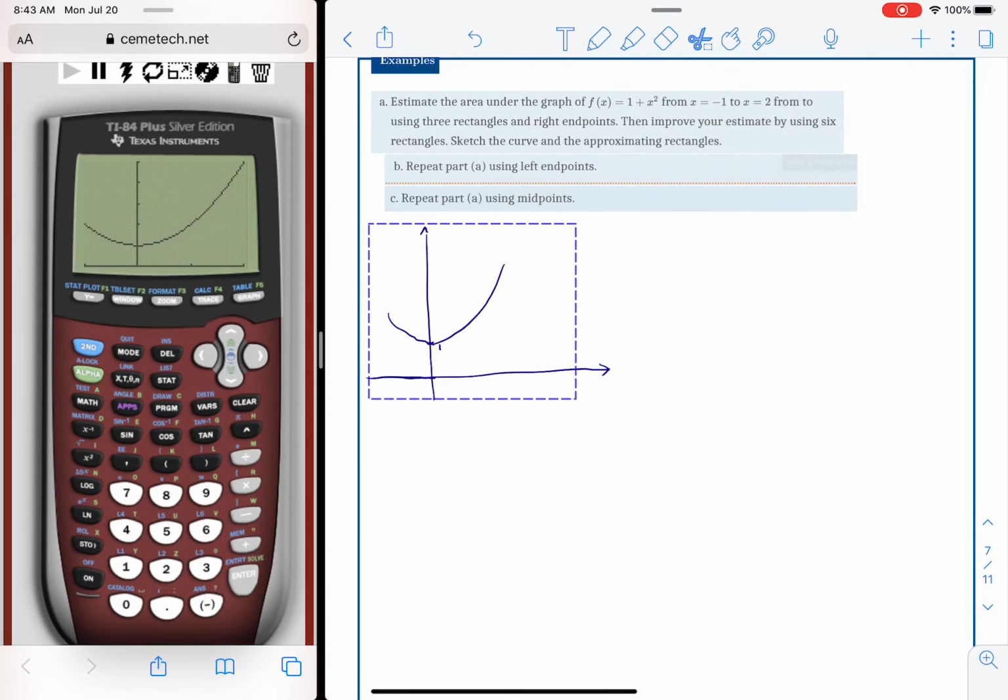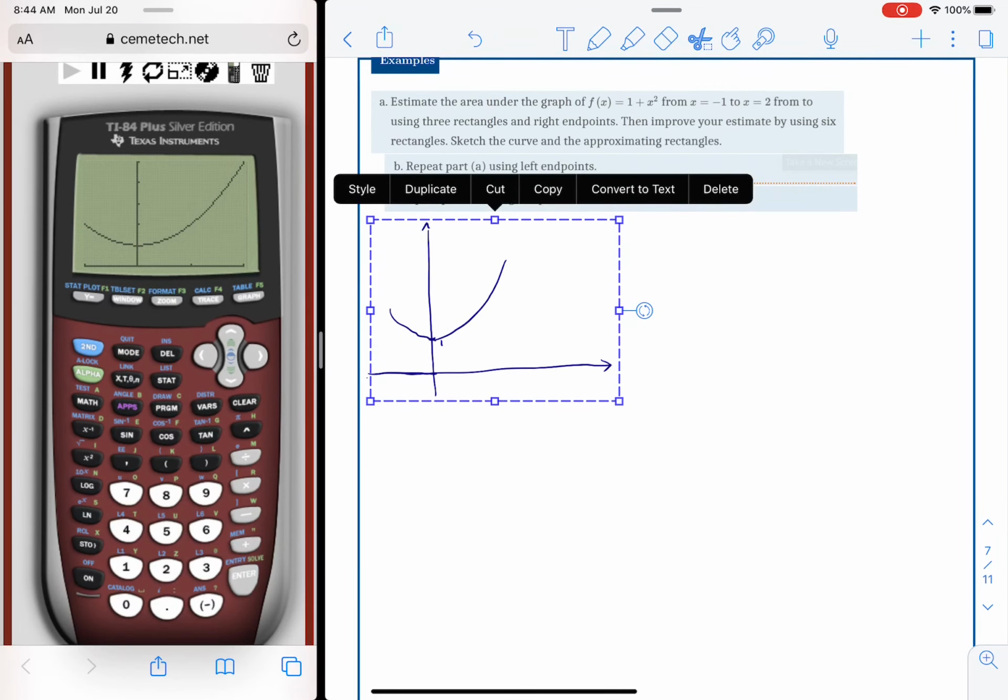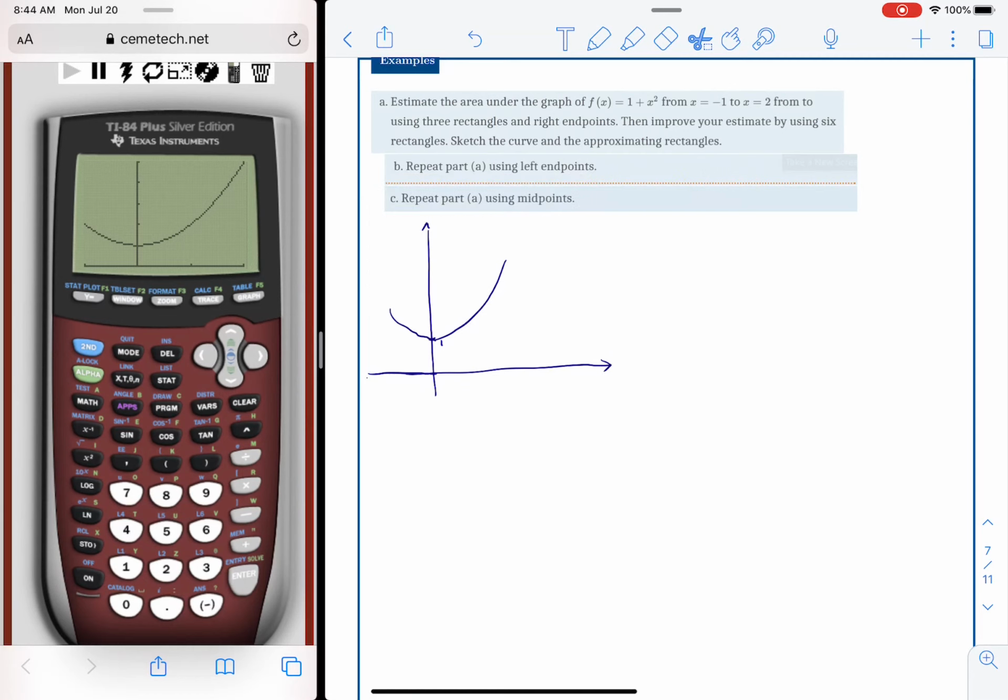Copy this for later. And later we could paste this so that we have the same graph. So what we have here is -1, and over there it is 2.